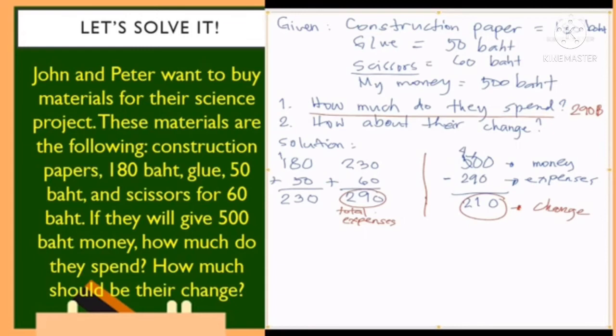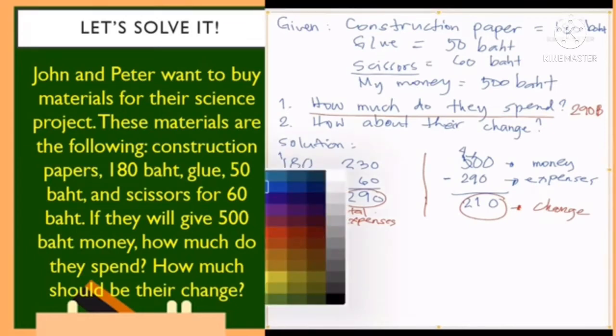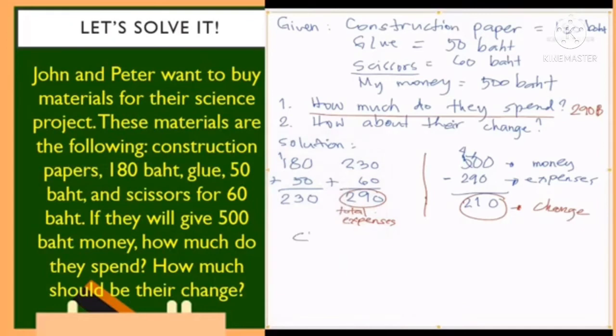Now, how can we relate this one into our new lesson? We can relate this one using what we call checking. Why do we need to check? It's because we need to see if our answer is correct. Alright? So how can we check if the 210 is correct?